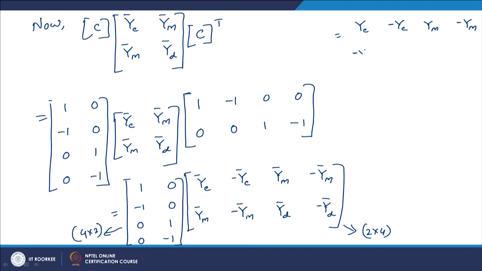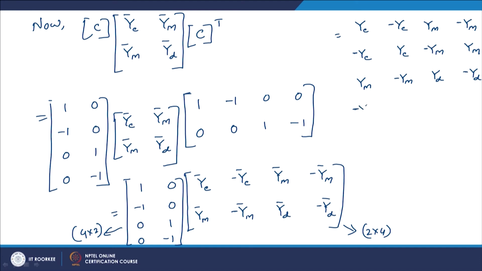This is minus YC, YC, minus YM, YM. Then we have YM minus YM, YD minus YD.